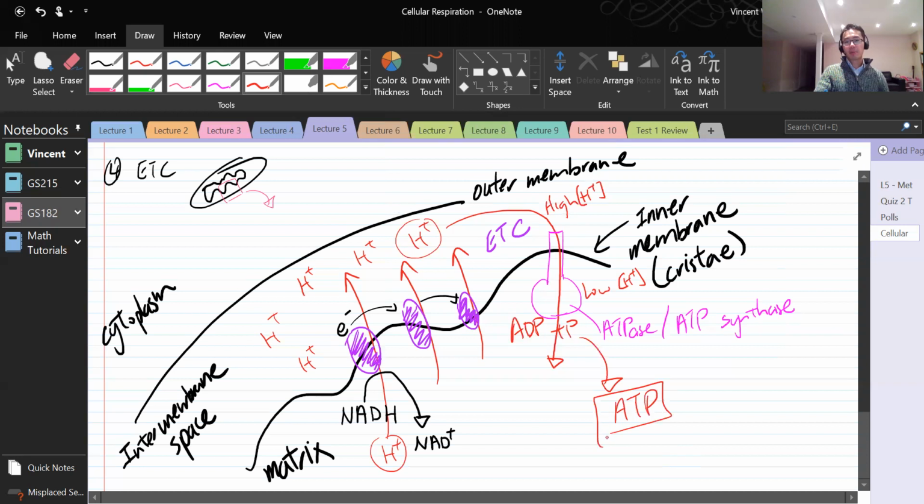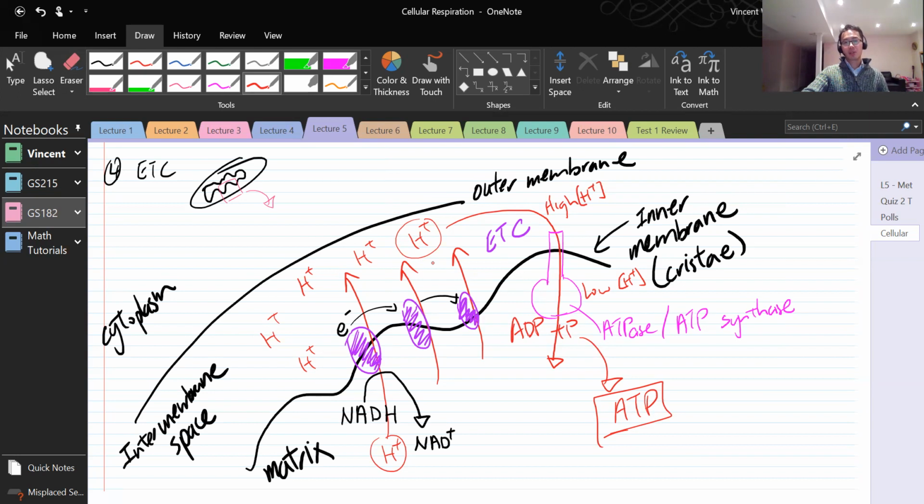ATP produced this way is called oxidative phosphorylation because you are phosphorylating the ADP through an oxidation reaction. Oxidation means you're losing electrons, you're transferring electrons. That's basically what it means.